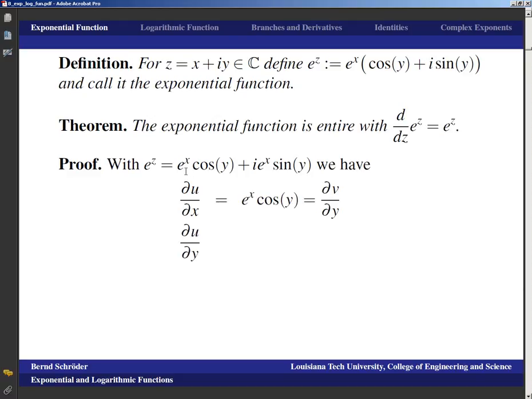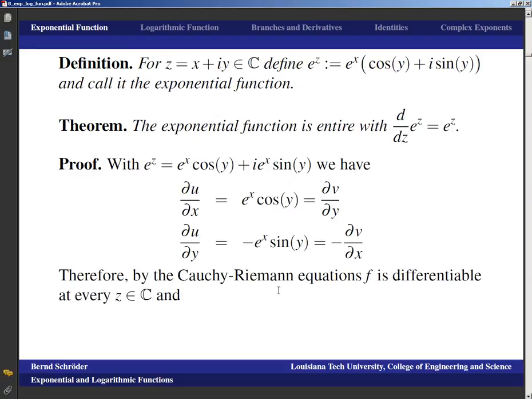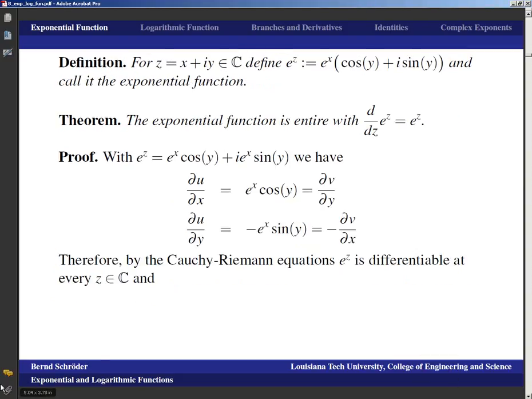Similarly, du dy, the derivative of e to the x cosine y with respect to y, is negative e to the x sine y, and that is the negative of the derivative of v with respect to x, which is e to the x sine y. Okay, and that means by the Cauchy-Riemann equations, the function f equals e to the z is differentiable at every z in C.